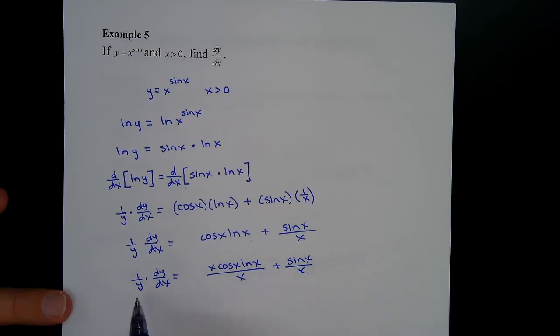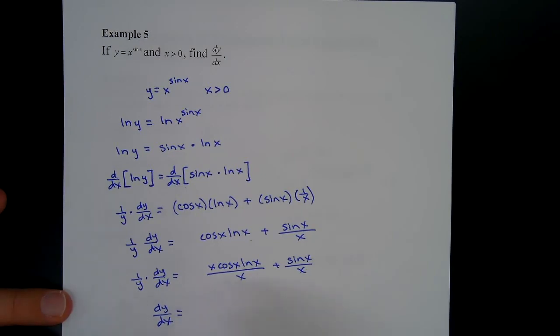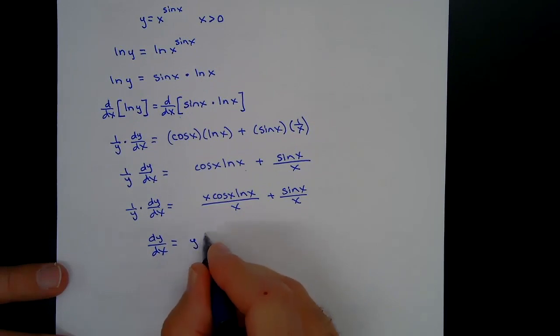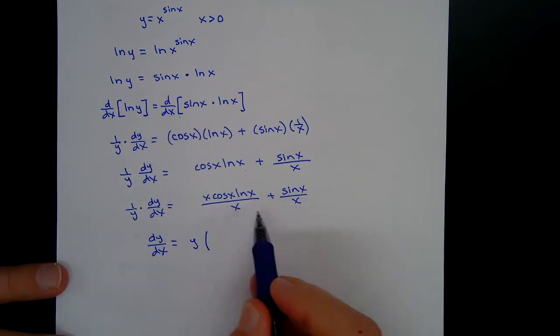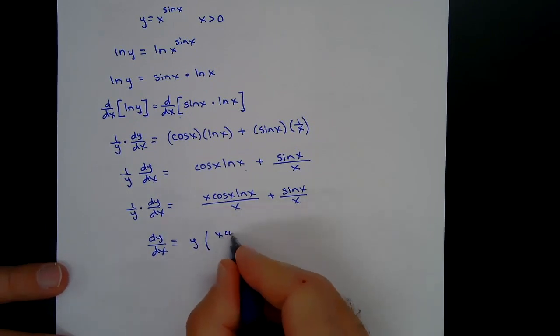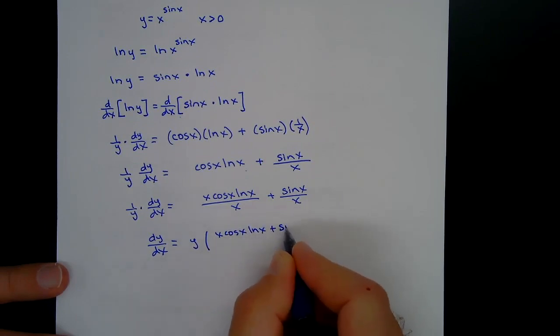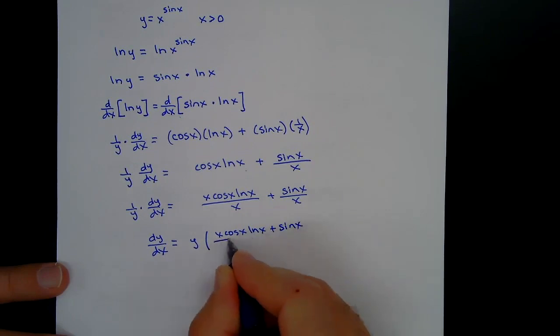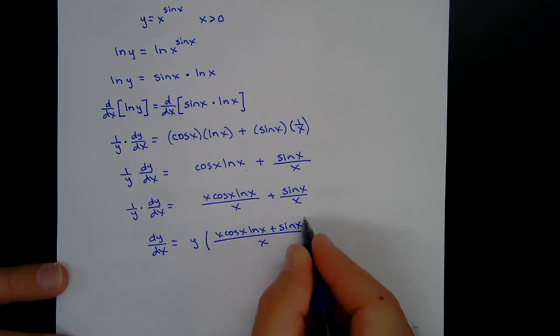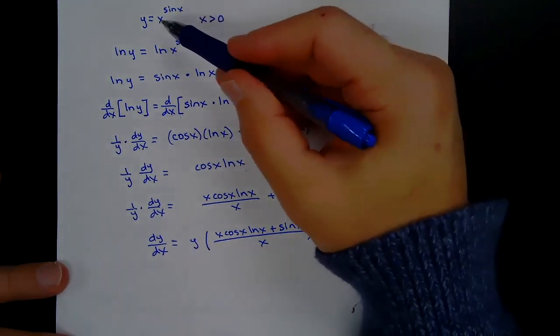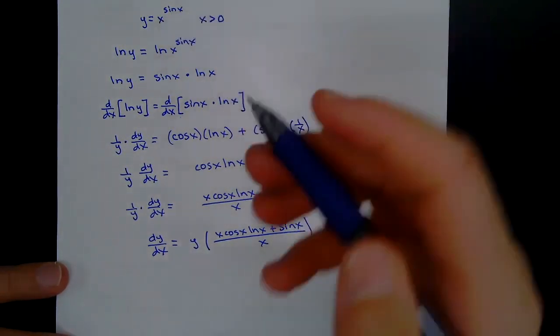And then I'm going to multiply both sides by y. So I wind up with dy over dx is equal to y times, and then adding these together, we get x cosine x ln of x plus sine of x all over x. And then this y, once again, can be replaced because y is the same as x to the sine x.